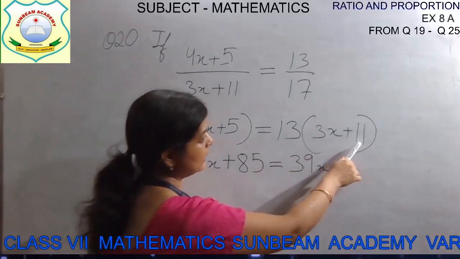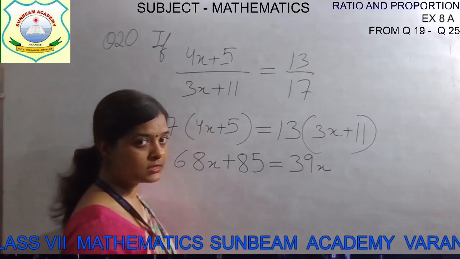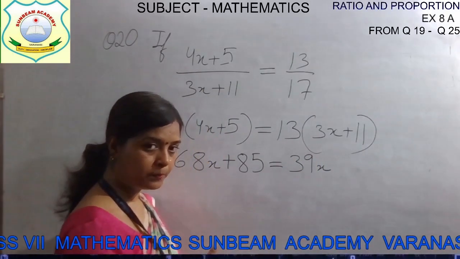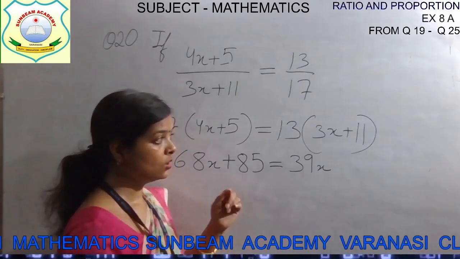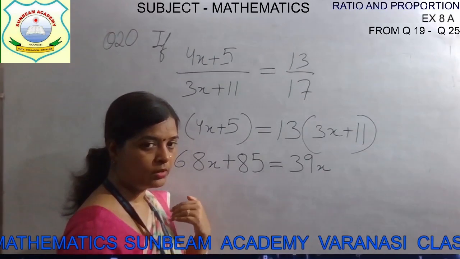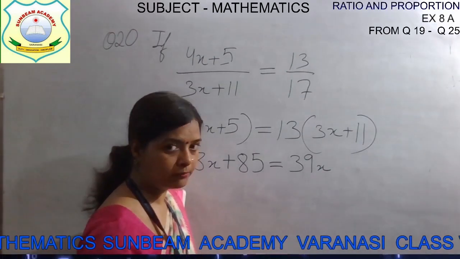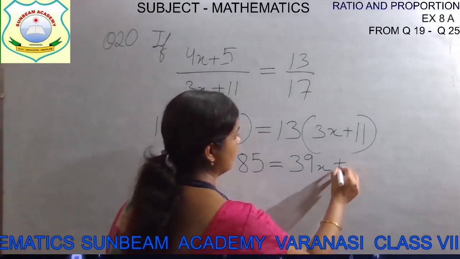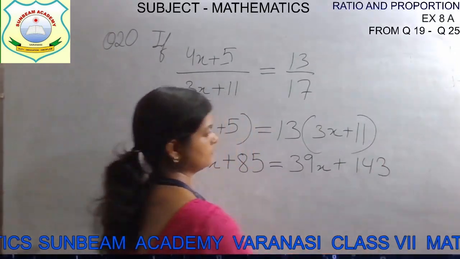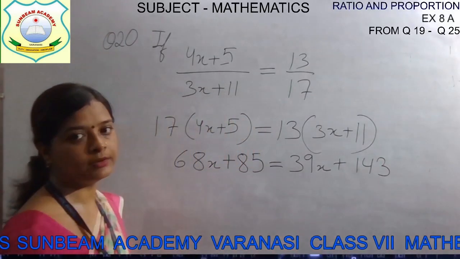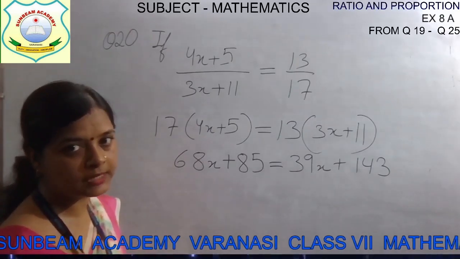And 13 elevens, children. 13 tens are 130, plus one more 13, that is why it is 11 times. So 13 tens are 130 we know, and we will add 13 one more time. So it will be 143.